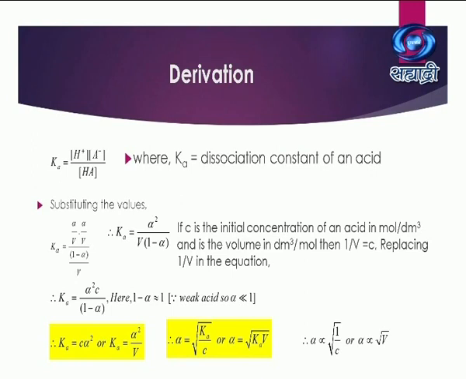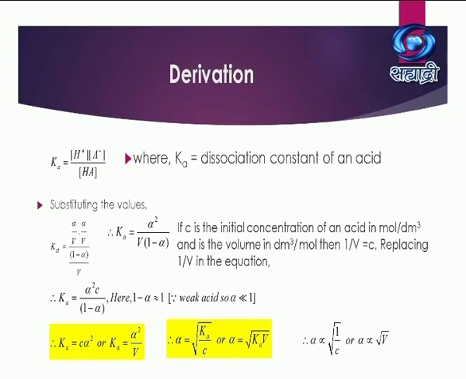Now again replace this concentration term by volume. We will end up with one more expression, which is Ka is equal to alpha square upon V. So in terms of alpha, it is alpha is equal to under root of Ka upon C, or alpha is equal to under root of Ka into V. Now this Ka is our constant, that is, the dissociation constant of the acid. So if I remove this Ka from the expression, equality becomes proportionality.